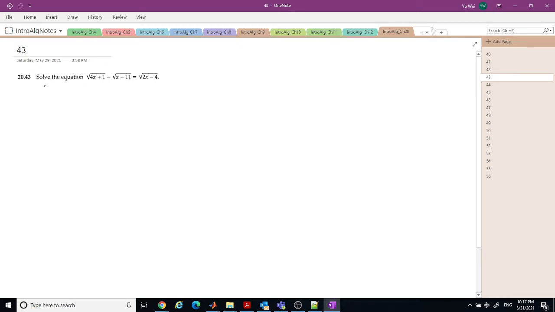But before we do the squaring, let's check the restrictions. x needs to be greater than or equal to negative 1 over 4, x needs to be greater than or equal to 11, and x needs to be greater than or equal to 2. Okay, so from these three, now we know x needs to be greater than or equal to 11.